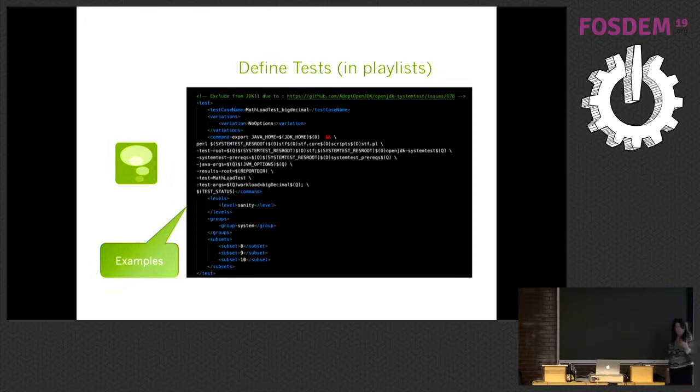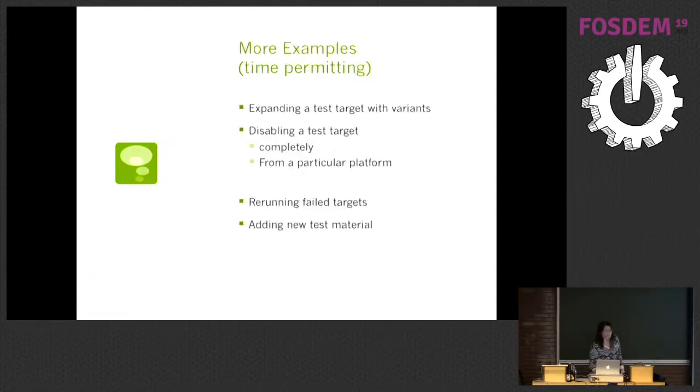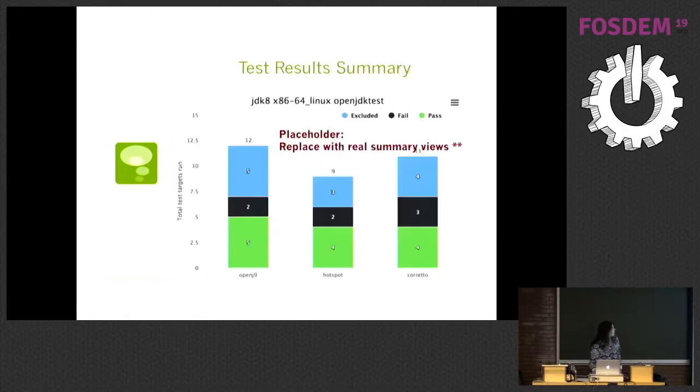So there's ways to get in and kind of nudge each one of these tests or curate them. Okay. I won't do more examples. Time isn't permitting. I won't talk about the test results summary service that we're offering there, but to say that's something we're working on so that the community can come and see the aggregated test results that we have across all of the implementations, platforms, and versions.